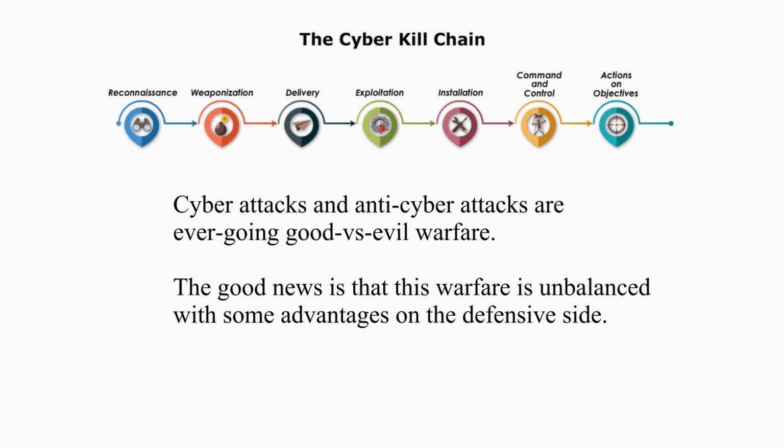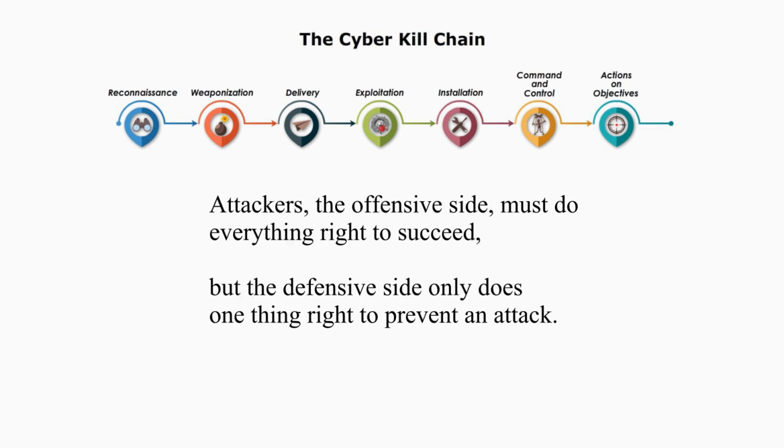Cyber attacks and anti-cyber attacks are an ever-going good versus evil warfare. The good news is this warfare is unbalanced, with some advantages on the defensive side. Attackers, the offensive side, must do everything right to succeed, but the defense side only needs to do one thing right to prevent an attack.